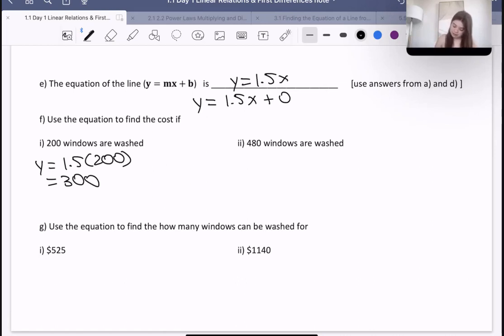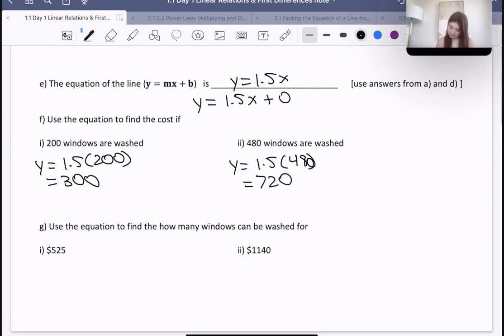And if 480 windows were washed, it would cost how much? 1.5 times 480, which is 720. So $720 for 480 windows to be washed.